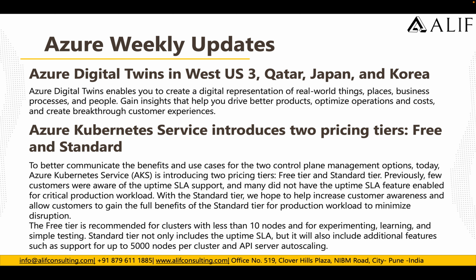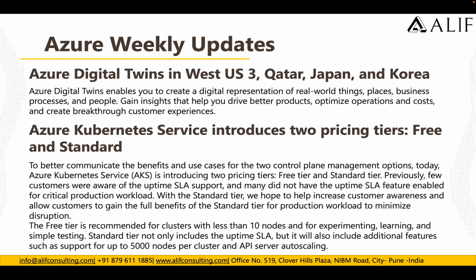Now, what are the major differences between these two tiers? The free tier is recommended for clusters with fewer than 10 nodes, and for experimenting, learning, and simple testing purposes. The standard tier includes the uptime SLA. The free tier does not have the uptime SLA, but the standard tier does, my bad.